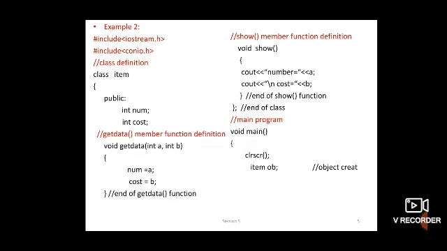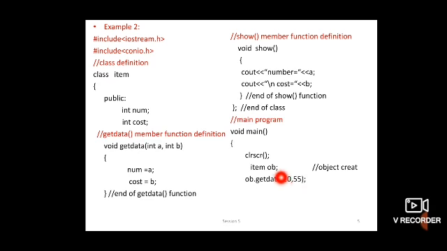Now student, in this program which member function is invoked first, show or getData? Obviously getData, because first the input data is stored and then the show function displays whatever data was inputted. Now invoke the getData function: ob.getData in brackets 20 and 55. What is this? This is the actual argument. Understood now?